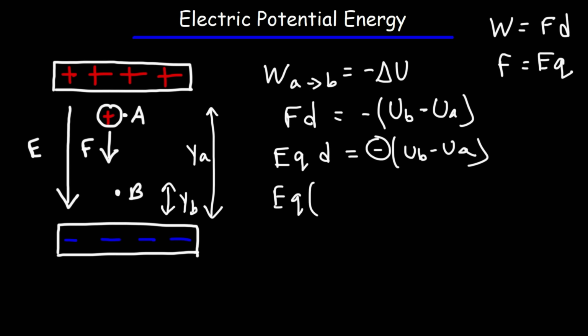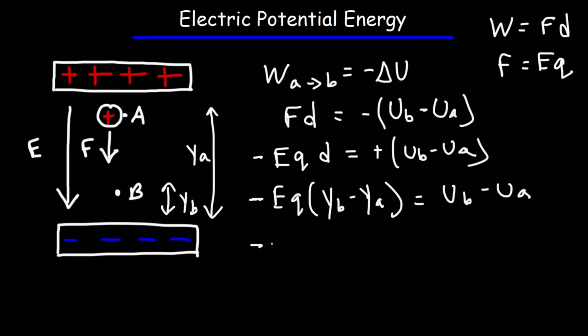By the way, let's take this negative sign and move it to the other side. So I'm going to make this positive, make this negative. So the displacement is Y final minus Y initial, or YB minus YA. Now let's distribute negative EQ. So we're going to have negative EQ times YB, and here we have two negative signs, so it's going to be plus E times Q times YA.